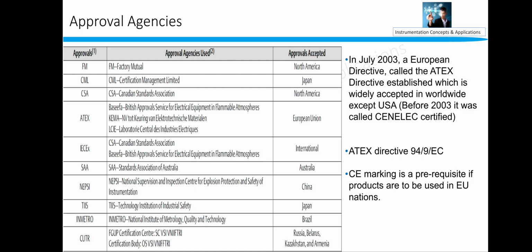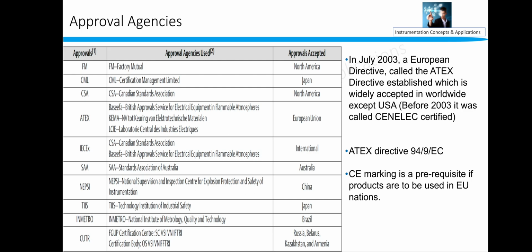ATEX is universally accepted across the globe. ATEX full form is atmosphere explosive, and IEC is also accepted. Similarly, SAA, Standards Association of Australia, is accepted in Australia, and some other agencies are also there.